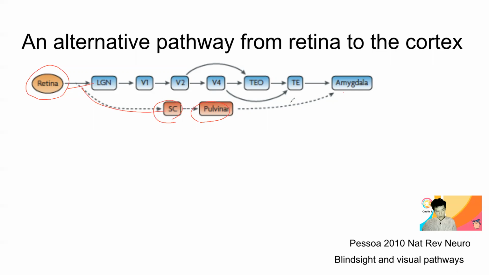But if you think about an evolutionarily advantageous mechanism, then even if the processing is coarse, there may be circumstances where some simple template matching to activate the amygdala is beneficial for survival. So that's one particular pathway, from retina to amygdala.